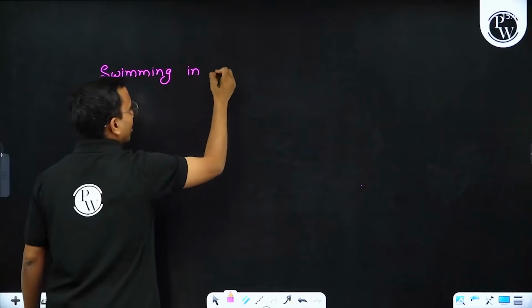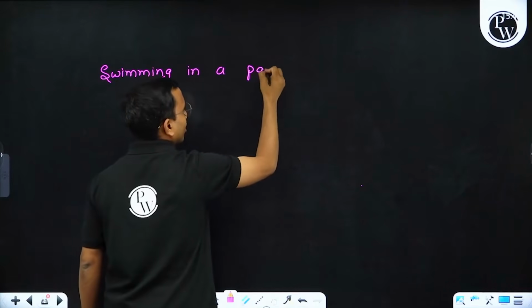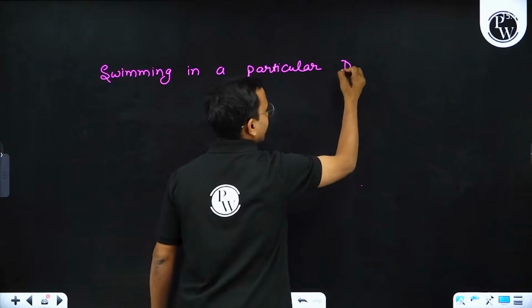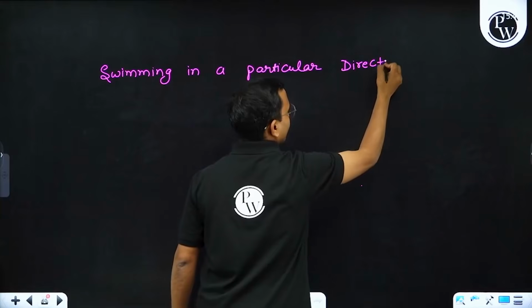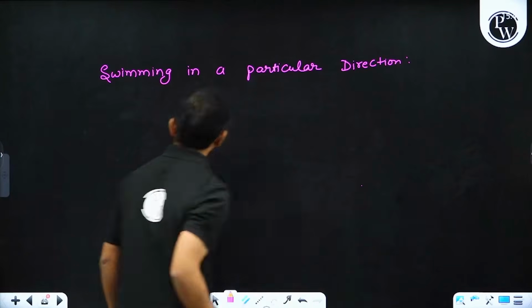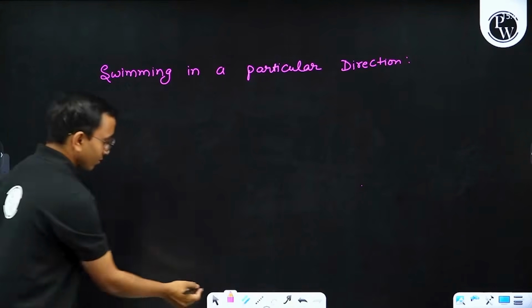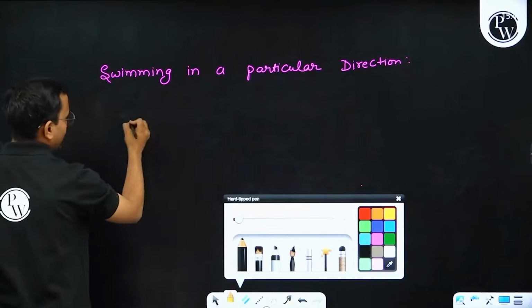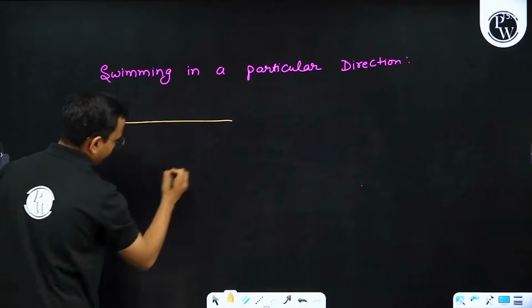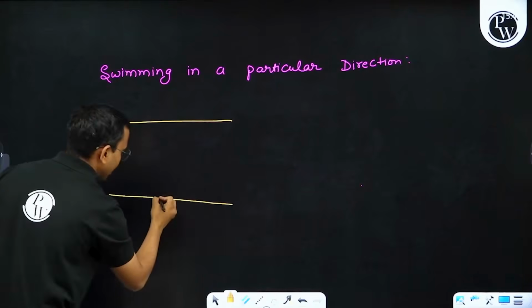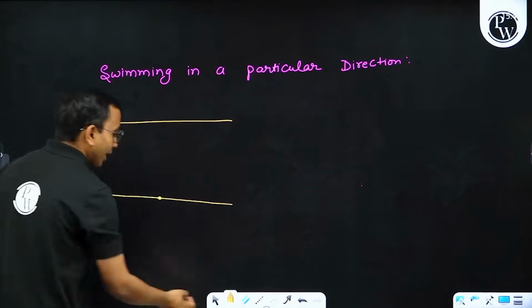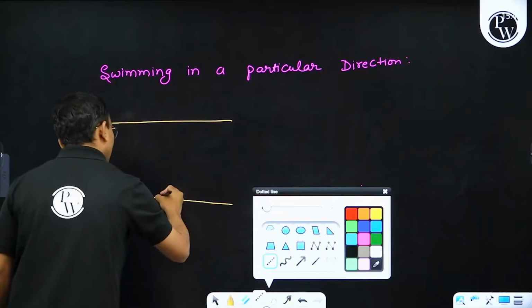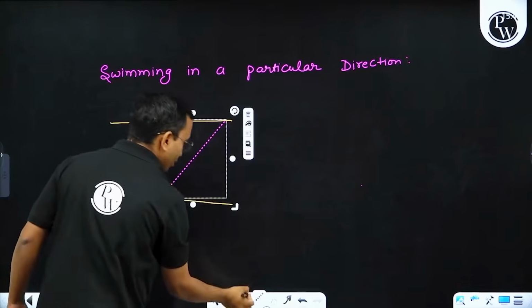In a particular direction. Swimming in a particular direction means, let us take the person is here and it is given in the question that the person should reach a particular point.